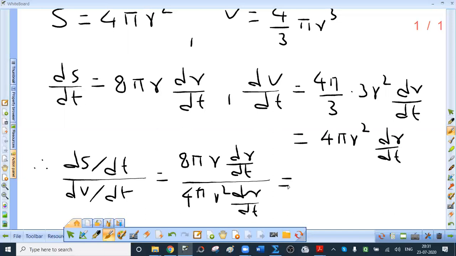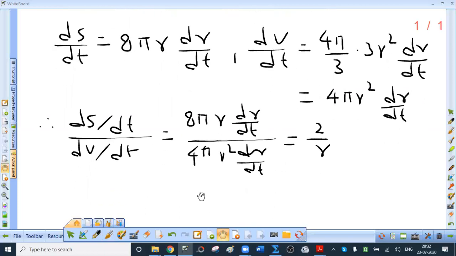So if you simplify this, see what you get, dr dt gets cancelled, right? Then I think it is 2 upon r, simply 2 upon r. Okay, but we are interested in ds dt. Therefore, ds dt is nothing but 2 upon r dv dt. One and the same thing.